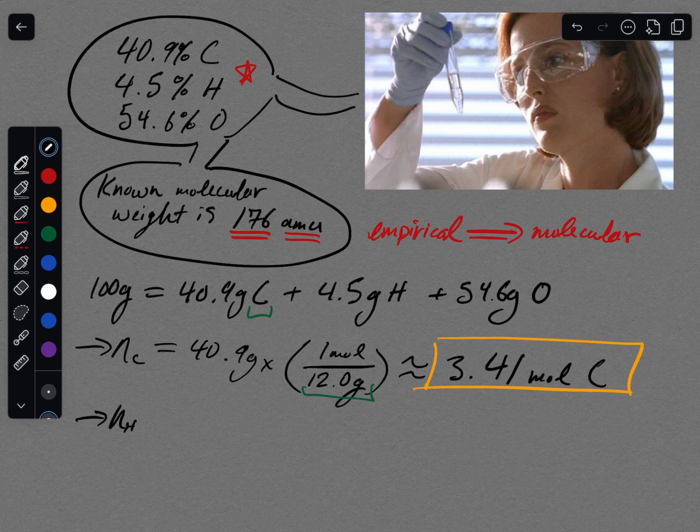Then let's do hydrogen, where we're going to have 4.5 grams of the hydrogen multiplied by 1 over the molar mass, which is basically 1.01 grams. Hydrogen just has a proton. This is going to come out to about 4.5.